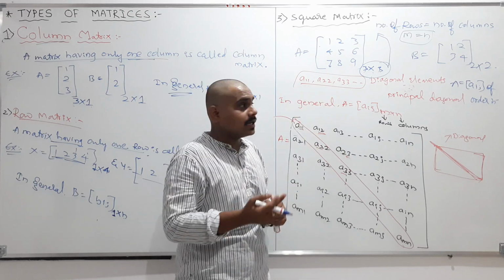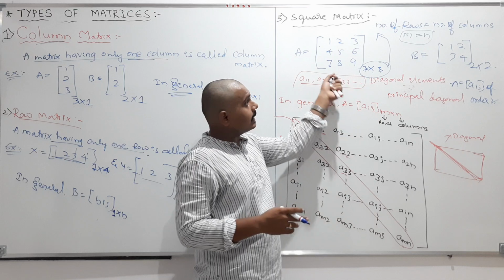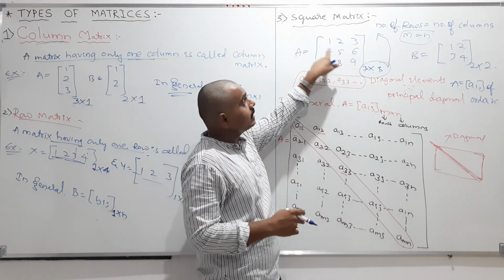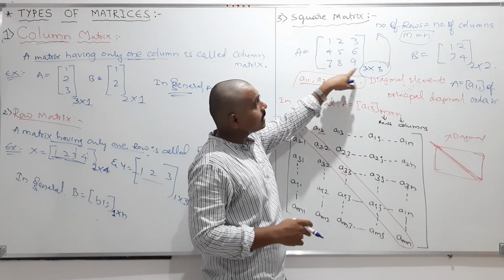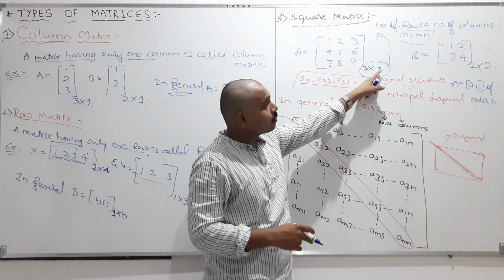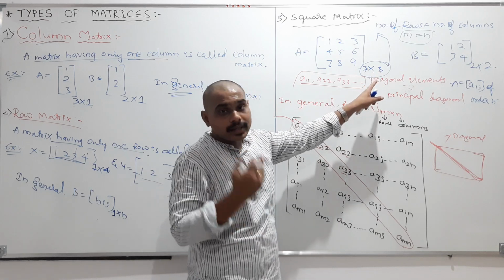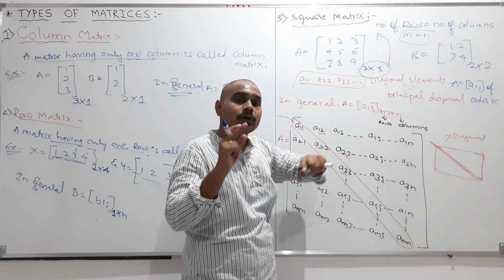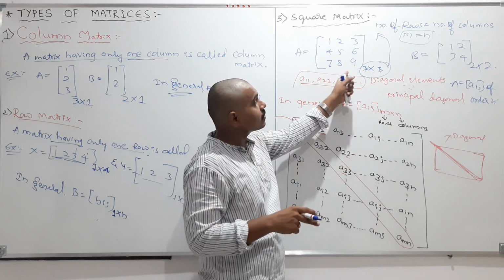Before that I will explain with this particular example. This is the matrix of order 3 cross 3. Already in the square matrix both rows and columns are equal. So therefore instead of telling 3 cross 3, I will tell only once, 3. So this is the matrix of order 3.